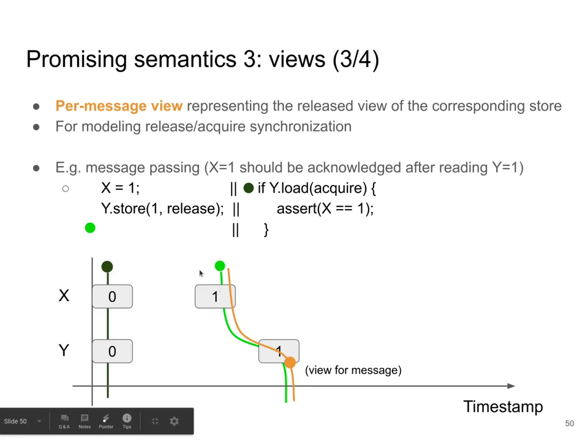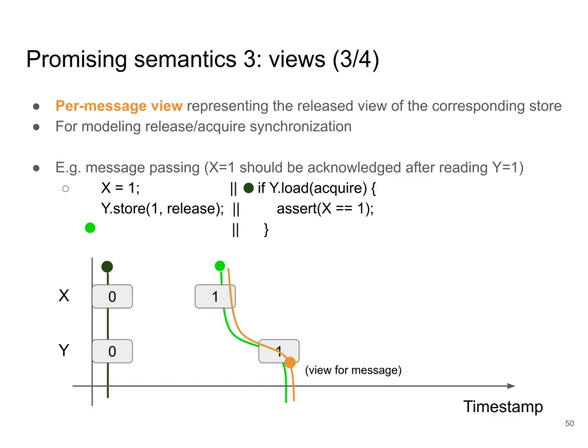So at the time of this release, the first view becomes this, because x equals 1 is already written here and y equals 1 is just written. So the first view is here, and this first view is annotated with the message as a proof that this view is released at the time.